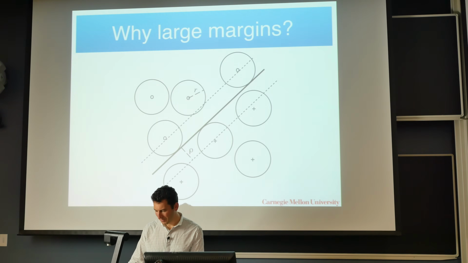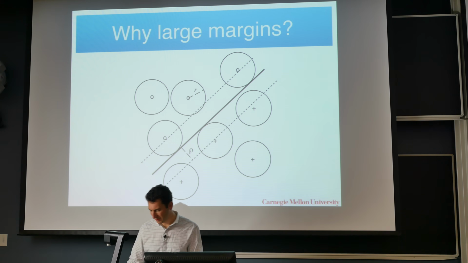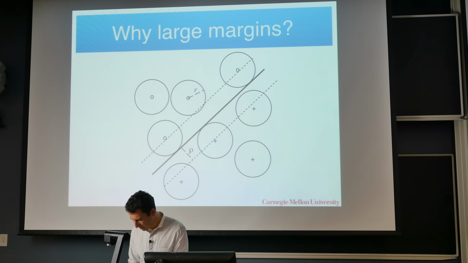And so one of the reasons why large margins are a good idea is because, well, if my data is slightly uncertain, then a large margin will make sure that if my data is slightly changed, I will still classify things correctly. Because if you recall, from the perceptron, you might have ended up picking something that goes like so.